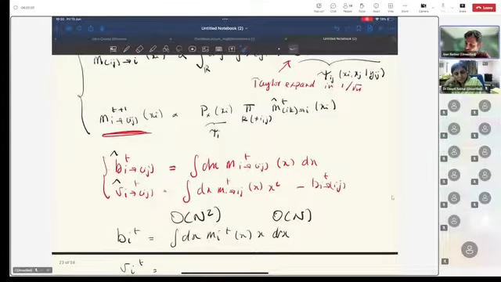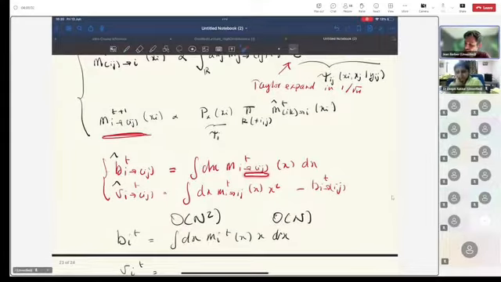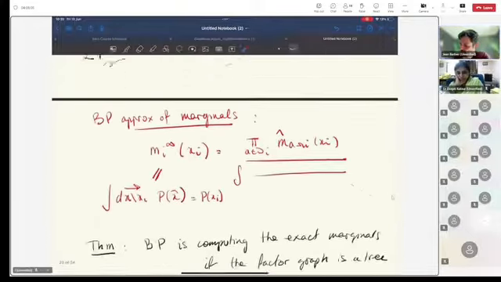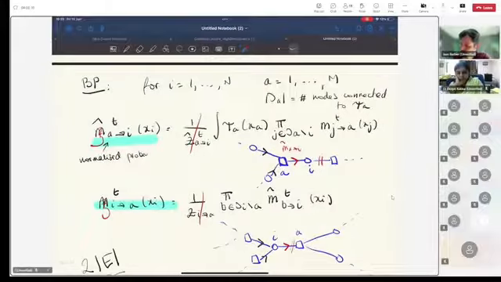So it's as if, in the belief propagation equations, I'm forgetting that I should leave one node or one factor out.